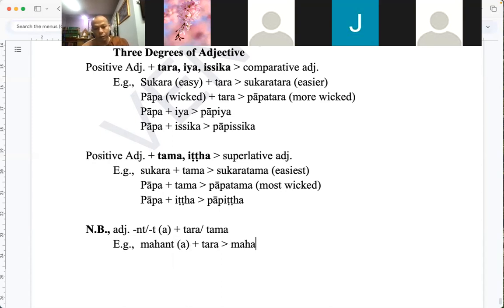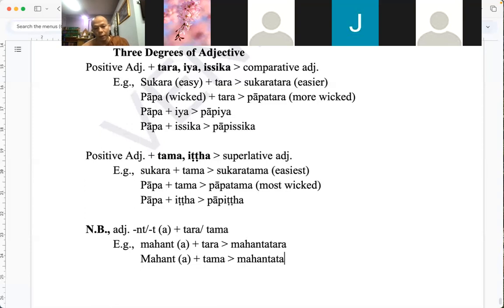Mahantatara. So in this way. So mahant means big, or bigger. The same way, when we add the tama also, after mahant, a should be added. So after that, tama in this way.